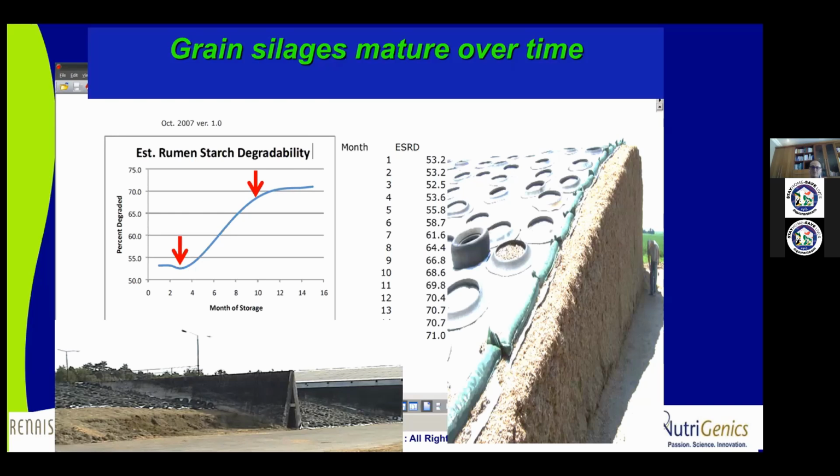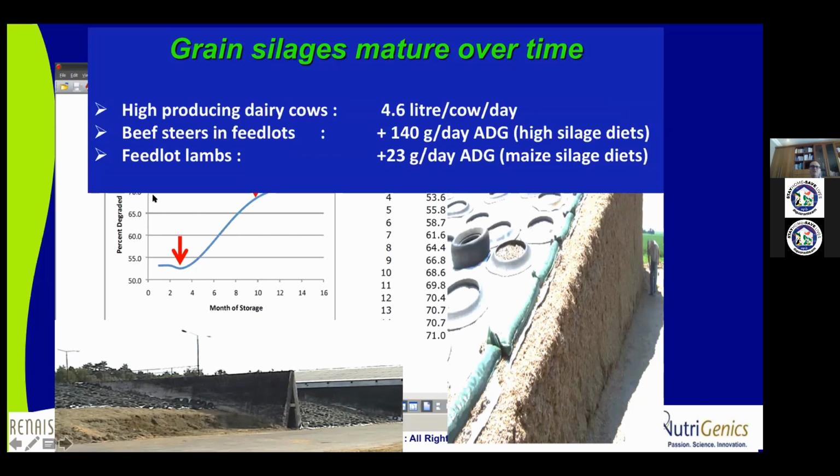Well, in some farms, it's due to starch degradability in the maize silage, and you need to be aware of that. So in a high-producing cow herd, moving from that 10 months of age silage to a very unmatured silage, you can decrease 4.6 liters per cow per day. So it's a huge effect in herds using maize silage.